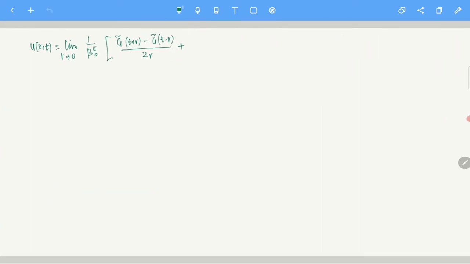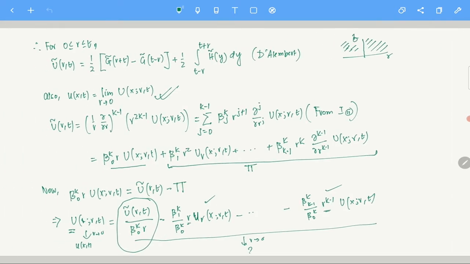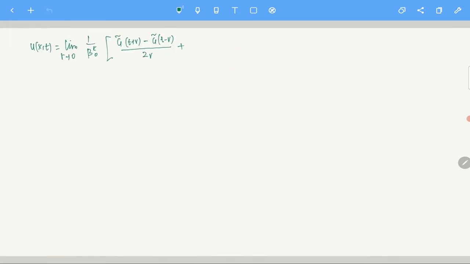Now u tilde of r, t is this formula, you see this D'Alembert formula. I'm just using that, plus 1 by 2r. Sorry, it is a bit complicated, but that's life. So this is h tilde of y, t, y.